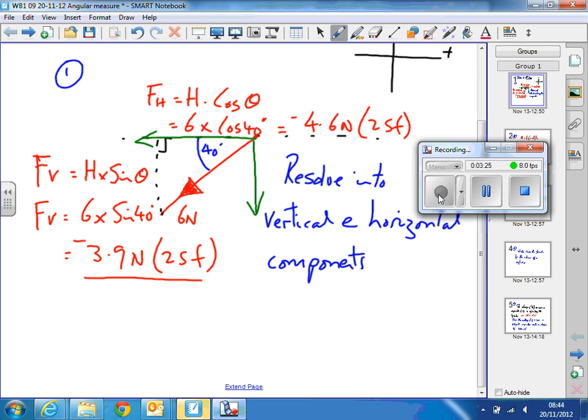So comes out to be minus 4.6. A very common problem for you to have to do, resolve force into its vertical and horizontal components. And it's just a case of using those ratios, the sine and cosine ratios.